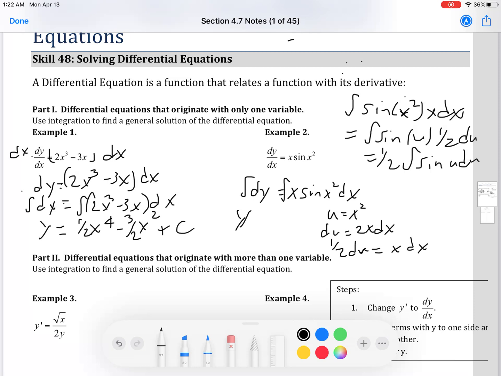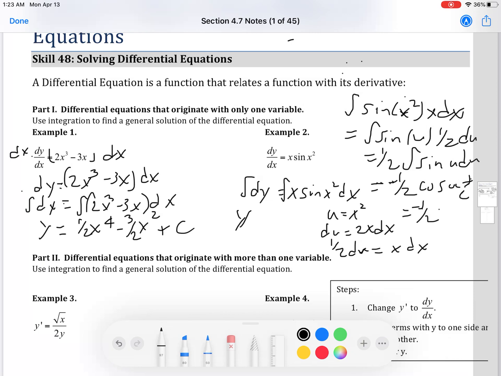Well, think about this. The derivative of cosine is negative sine. So this will be the 1/2, negative, negative 1/2, because the integral of sine is negative cosine. Make sure you put a plus c.